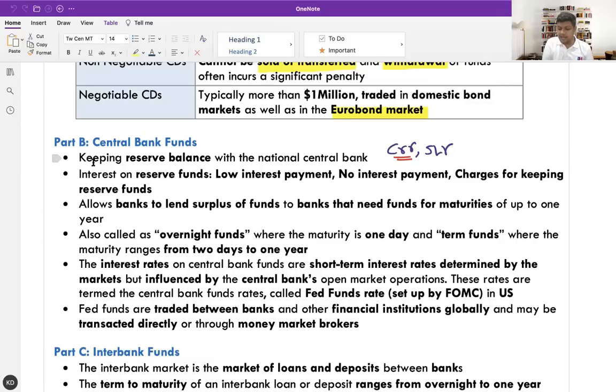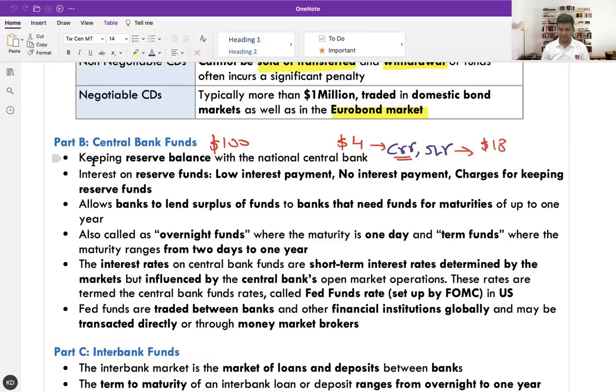So let's say if the CRR is 4%, then out of the $100 deposits that the bank collects, they have to straight away put $4 of deposit with the central bank, for which they are going to get nothing. And if the SLR is around 18%, another $18 earns them less than what they have to pay to the depositors.